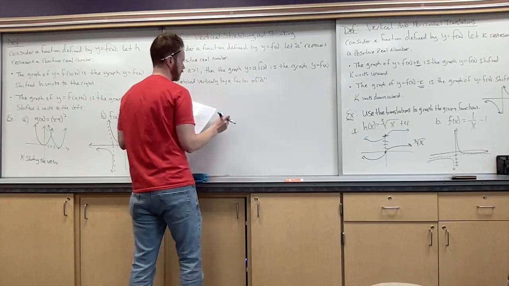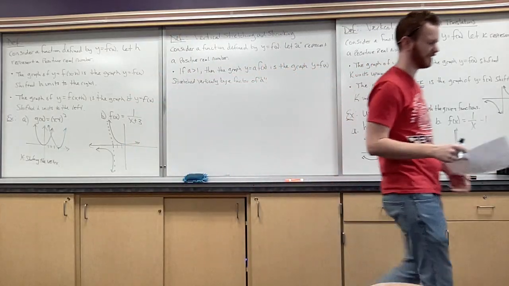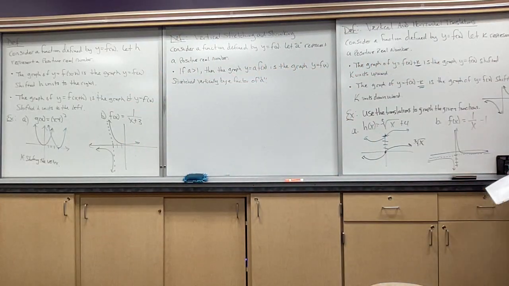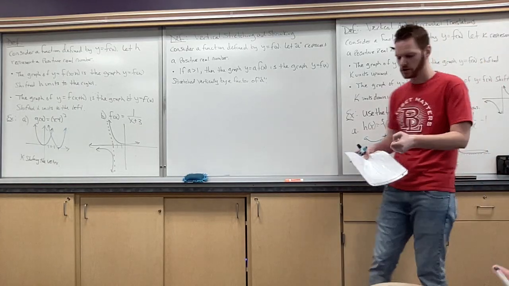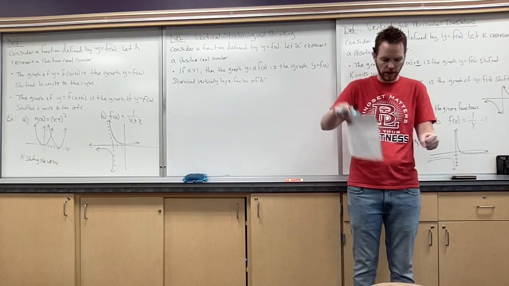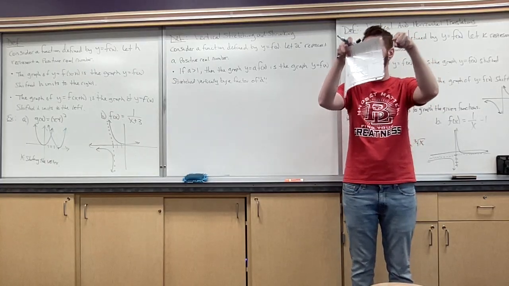That's not just the letter A, it's actually A in the context of a constant in this case. And vertical stretch, I mean like you're taking the function, holding one end, holding the other end, and pulling it upward. You're stretching it up.